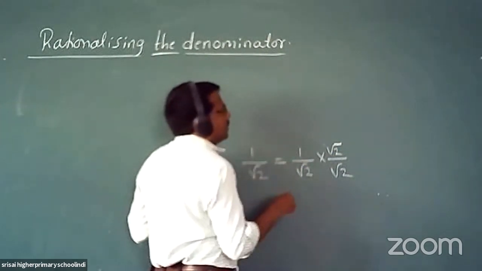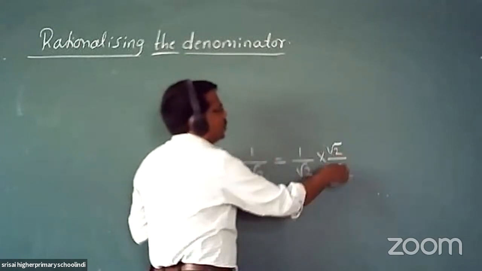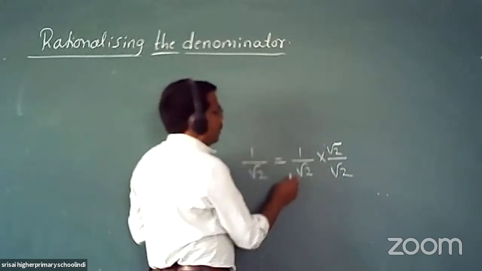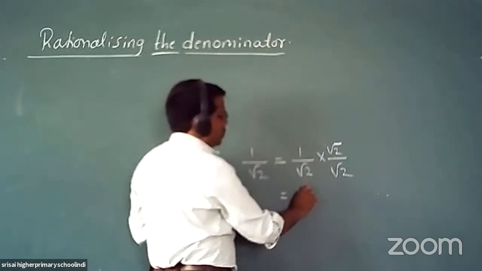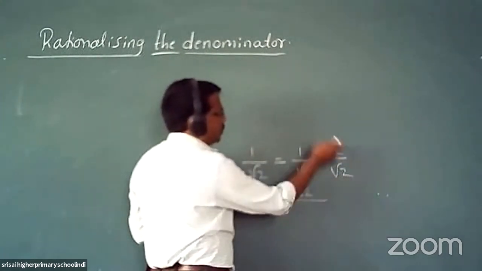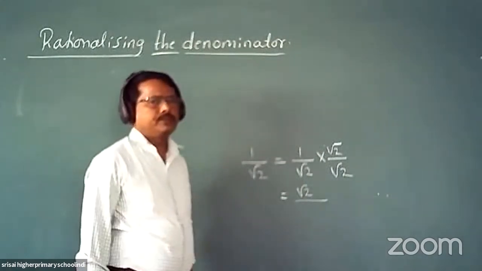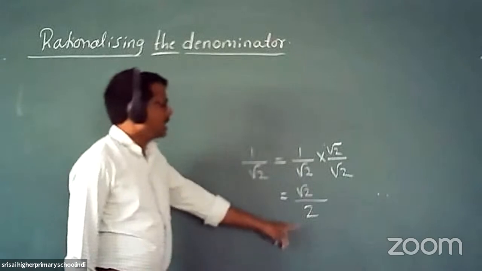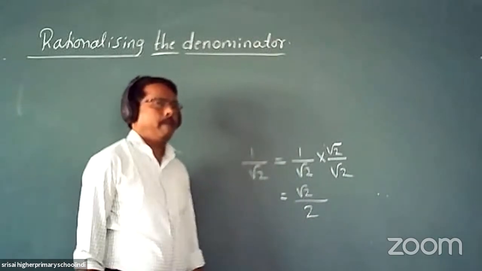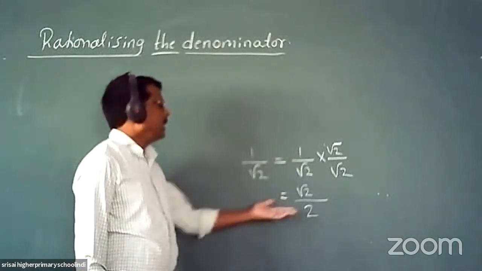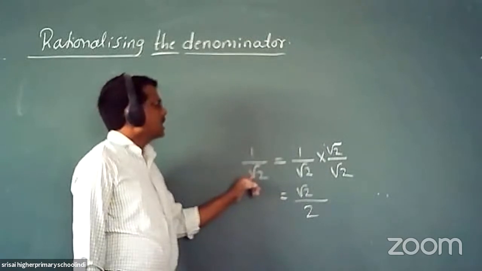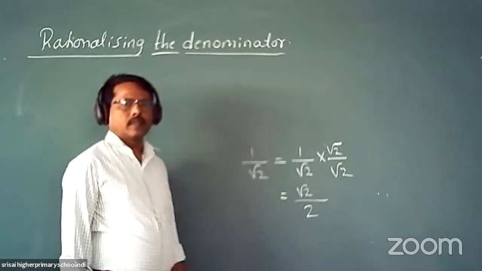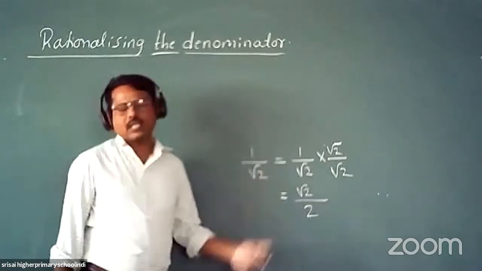If I cancel these two, again 1 by square root of 2 only remains. Now 1 into square root of 2, square root of 2. Square root of 2 into square root of 2 is how much? 2. Now the denominator is rational or irrational? Rational. We made rational. Here it was irrational. It is rational. Both numbers are same. This is rationalizing.